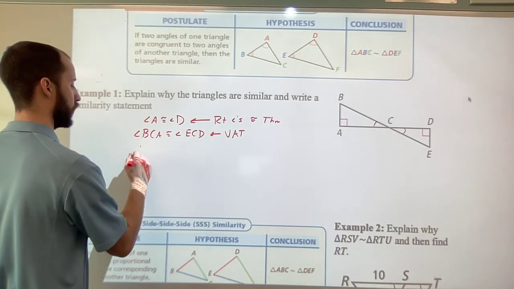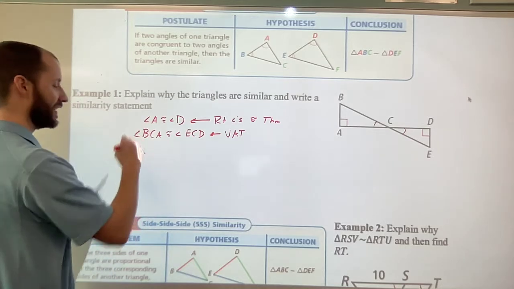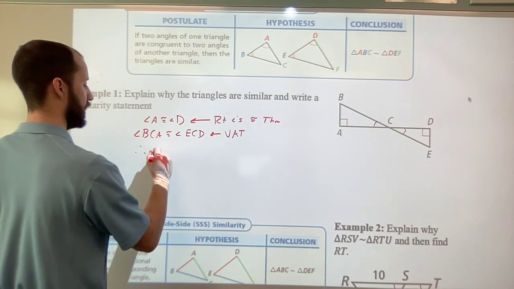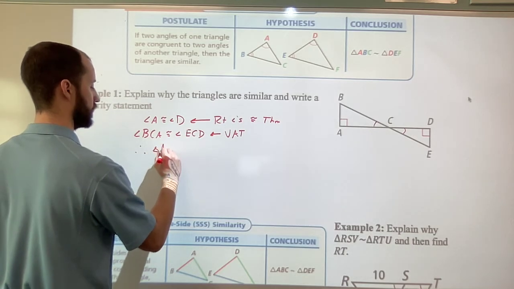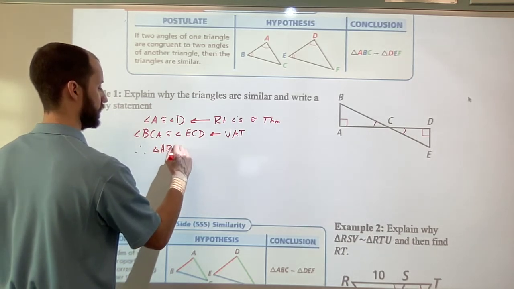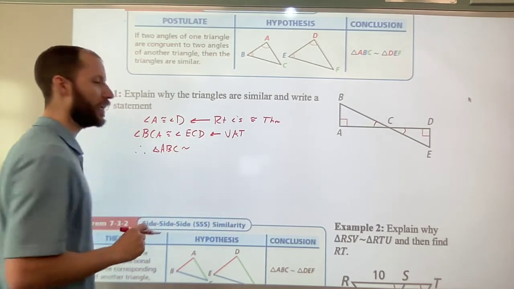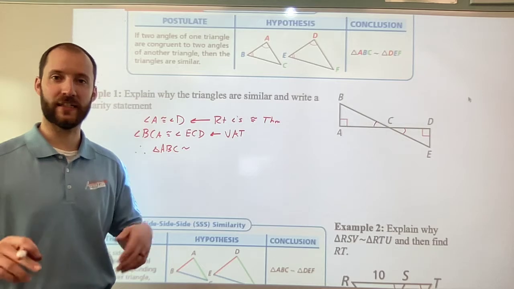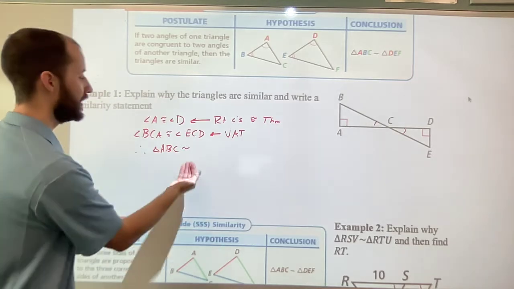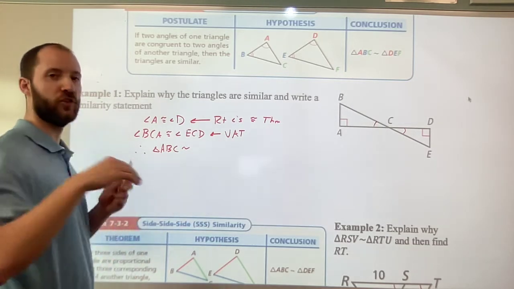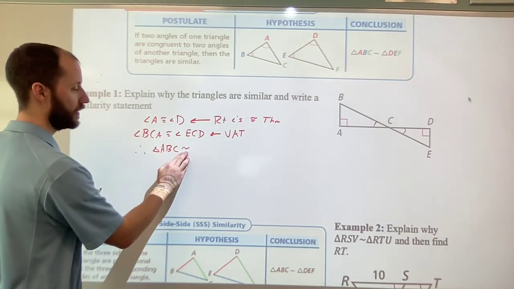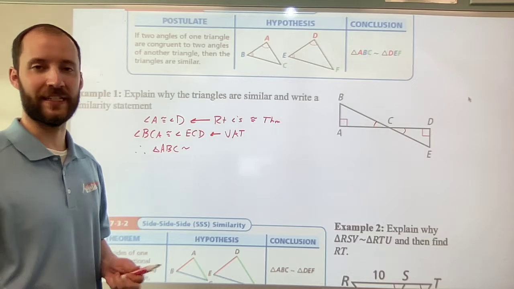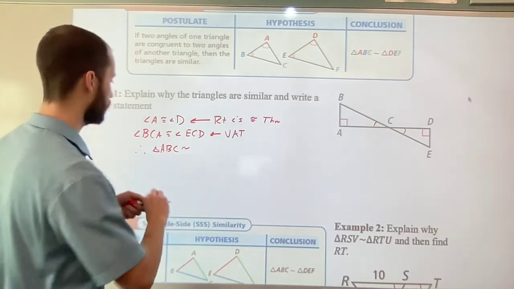Therefore, the three dots are kind of a shorthand for therefore, triangle ABC is similar, so we only use the tilde, or as I call it, the squiggle. Similar is not congruent, it's not equal, it's only similar, so not the whole congruency symbol, just a part of it.